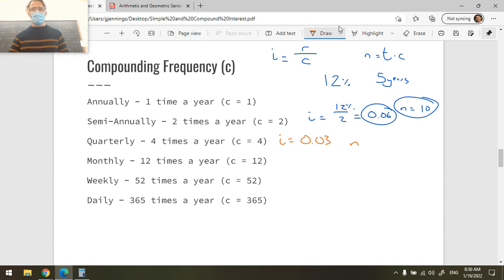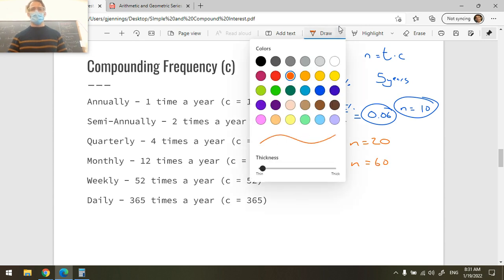And our N would be 4 times 5, so N is 20. So it just shifts the growth factor and the exponent that we're raising things to. If we were to apply interest monthly, you would earn 1% per month, because 12 divided by 12 is 1, so it's 0.01. And N would be 12 times 5, so N would be 60.